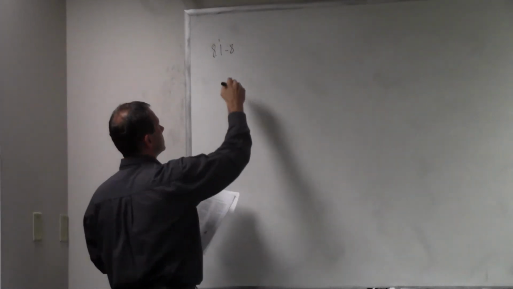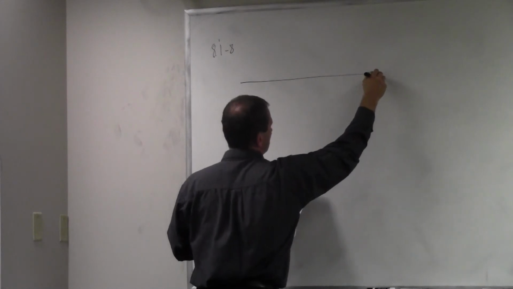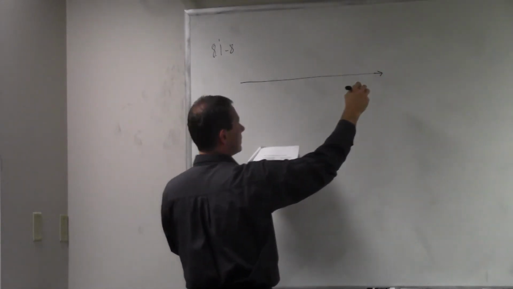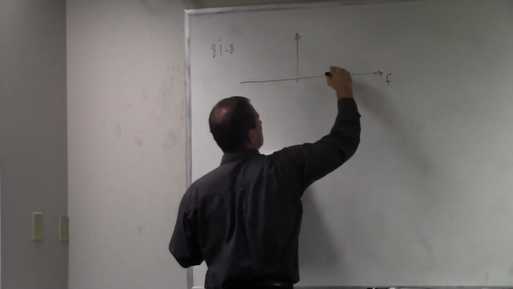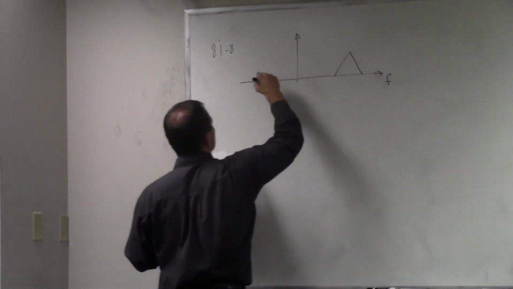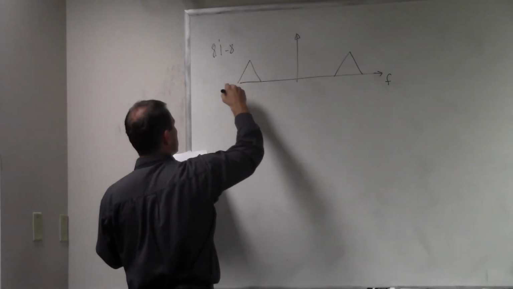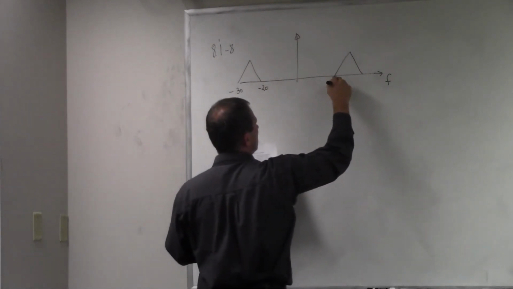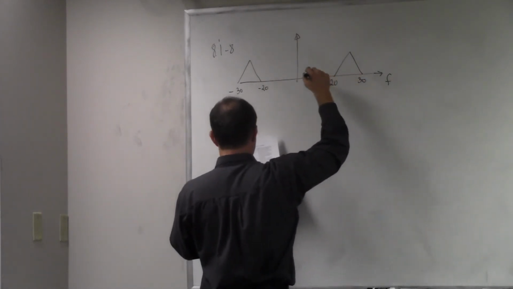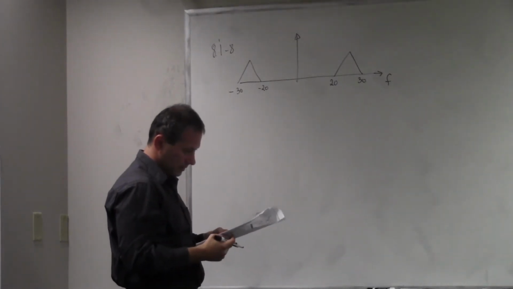So it's 30, okay. So this is, I guess, the F axis. And you have a signal that looks like this. So this is minus 30, minus 20, 20, 30.